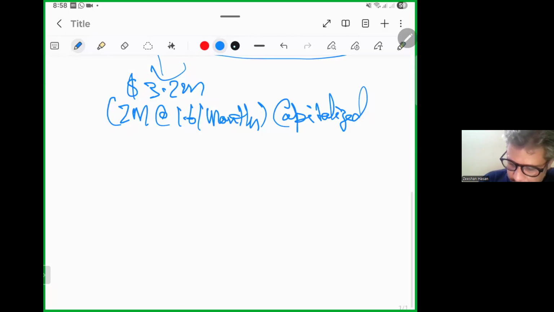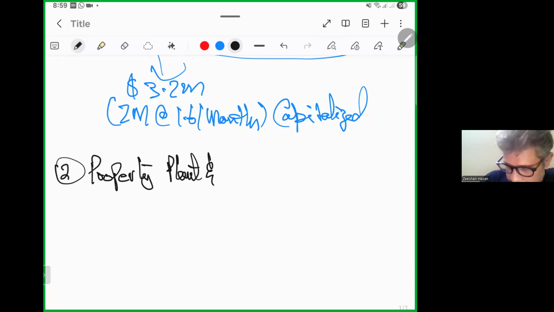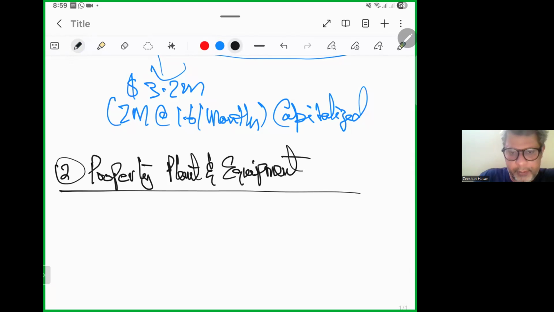Next is property, plant, and equipment. Two things to do.